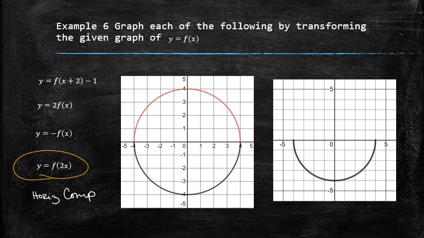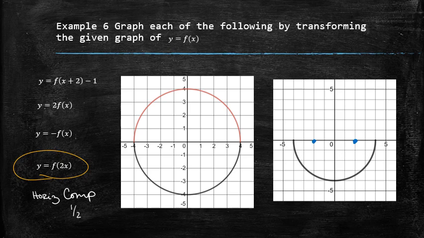Okay, so I'm going to look again here at my graph. Where I was at 4, it's going to be horizontally compressed. So I'm going to come in and compress by 1/2, because we have that 2 in there. I'm compressing everything in, basically dividing everything by 2. So where I was at -4, I'm now at -2. Where I was at +4, I'm now at 2.